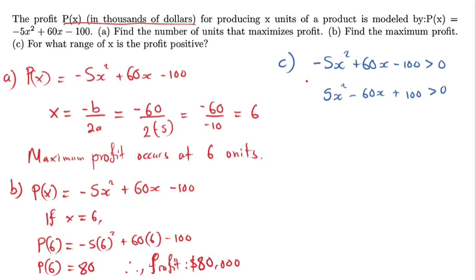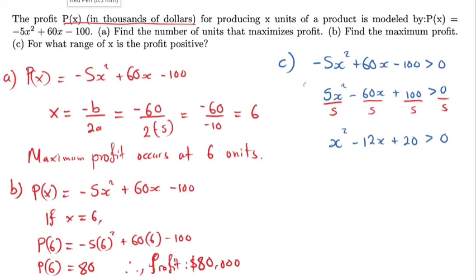Next, I can reduce everything, because 5 goes into 5, 60, 100, and 0. So we get x squared minus 12x plus 20 is less than 0.